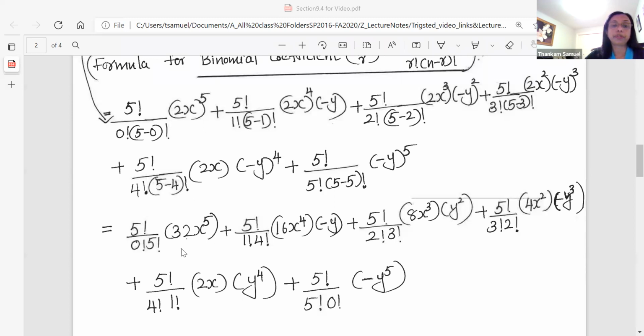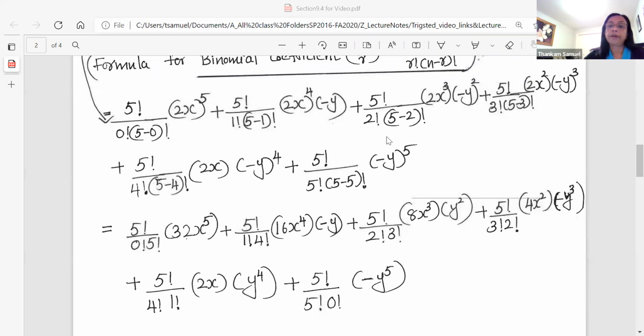That is, 2 to the fifth is 32. Then we apply the exponent to the x, so x to the fifth. Then the second term is 5 factorial over 1 factorial times 4 factorial. Then 2x, the whole quantity to the fourth power, is 16x to the 4. Then we have negative y here.